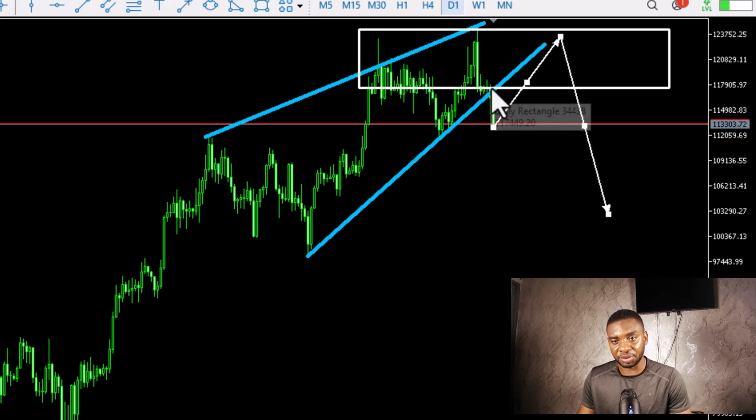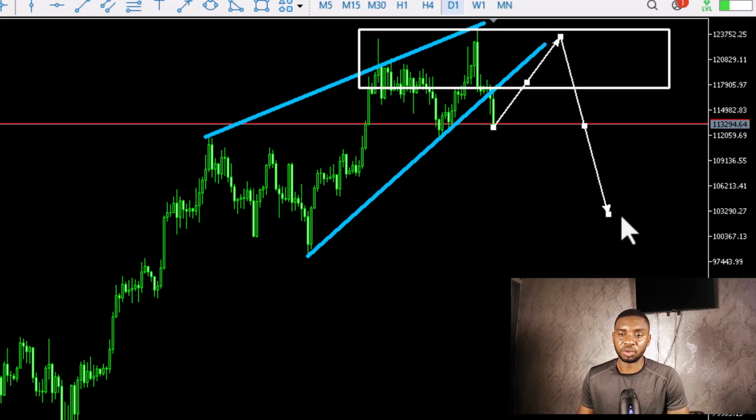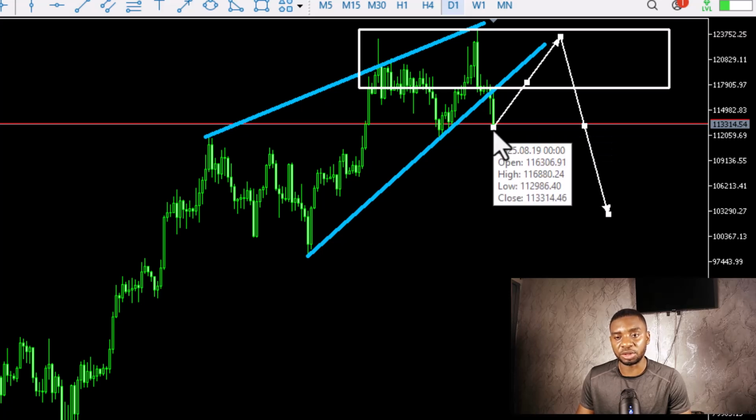As you can see, price has already broken, and here is where the price is now. It might continue downward, and sometimes it corrects up to this level, even beyond, before it heads downward. So when you see this, don't get fooled and load so much money and risk so much on this kind of trade.